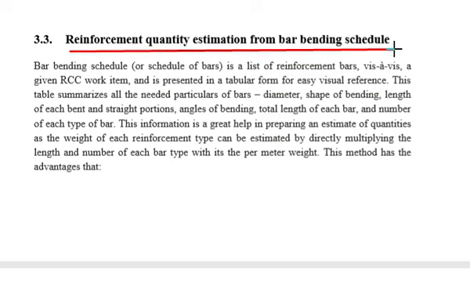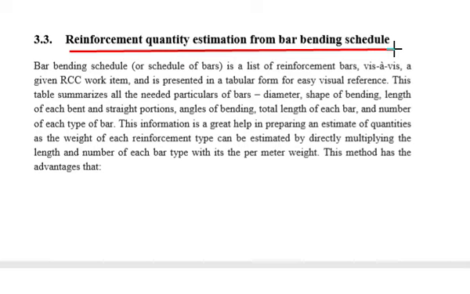Now, what is a bar bending schedule? It is nothing but a list of reinforcement bars that is given in an RCC work item and presented in a tabular form for easy visualization and reference.